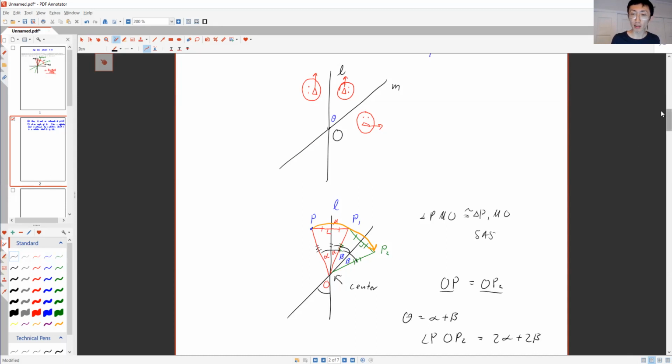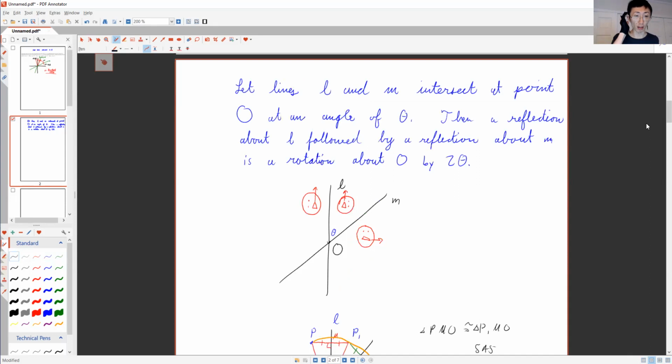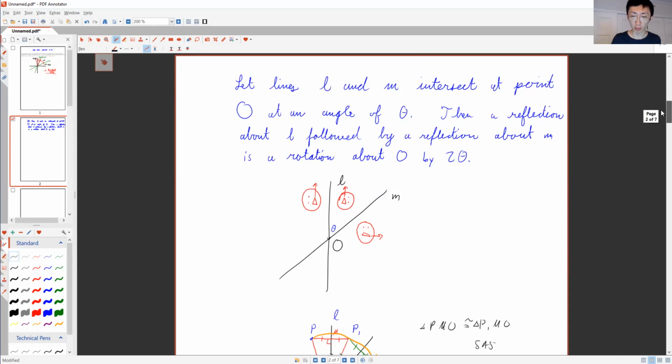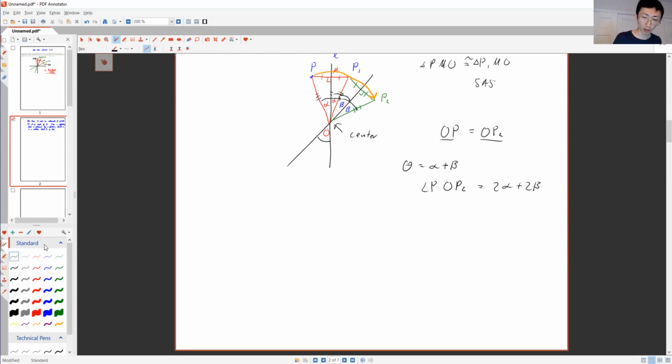The last thing to check, to see that it's actually a rotation and not a reflection, is the orientation of the figure. Let's try to draw it a bit better and not use the smiley face analogy.